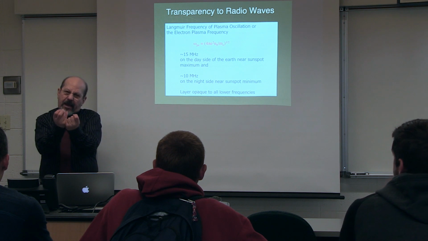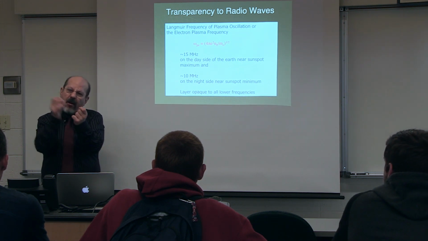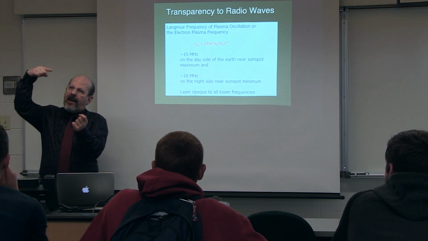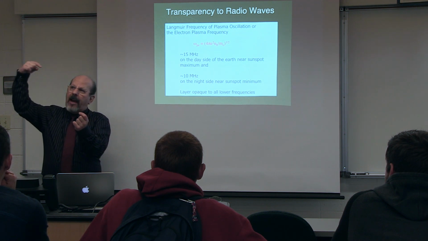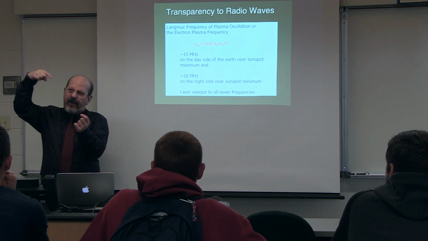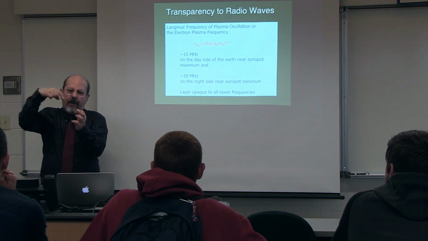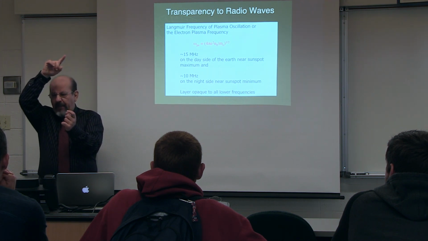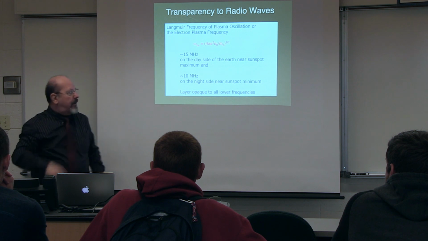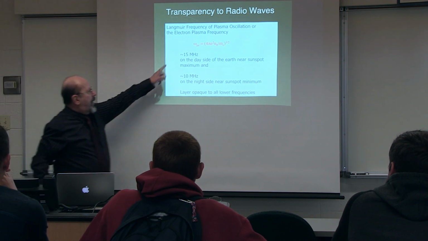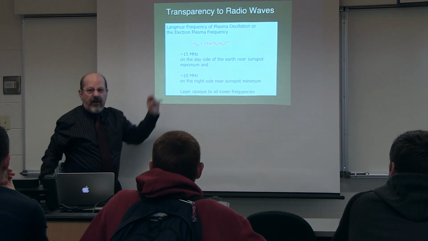And depending on how many you have and how they're moving around will determine what external wave can get through. And it turns out that if the wave isn't able to wiggle fast enough, okay, it won't be able to get through. It just bounces off like a mirror. And that cutoff is around 20 megahertz, depending on the season, 15 or 10 megahertz.